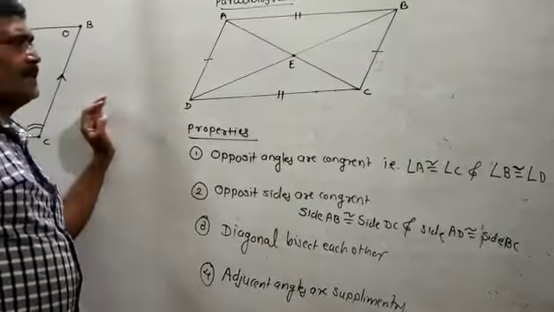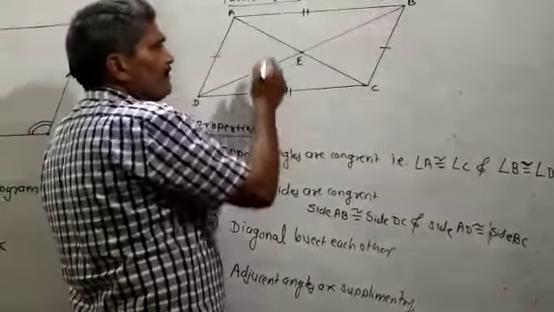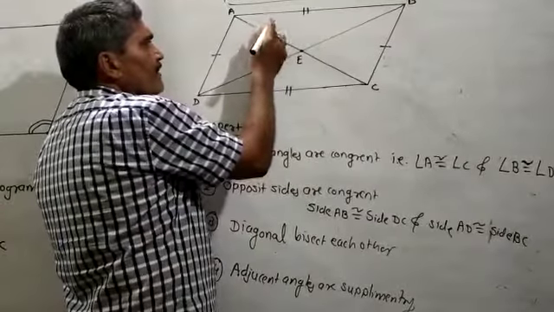Diagonal bisect means that when they intersect with each other, at that time they will divide it into congruent equal parts.